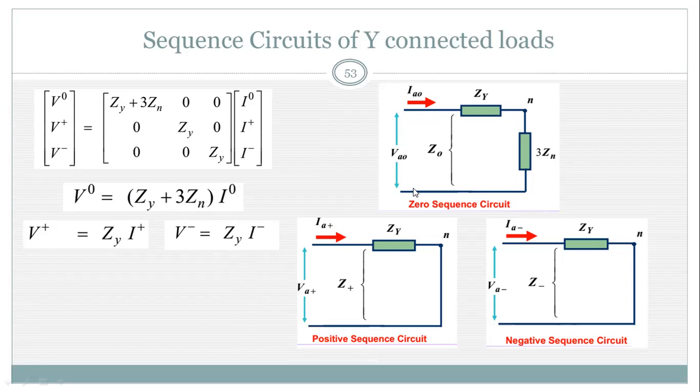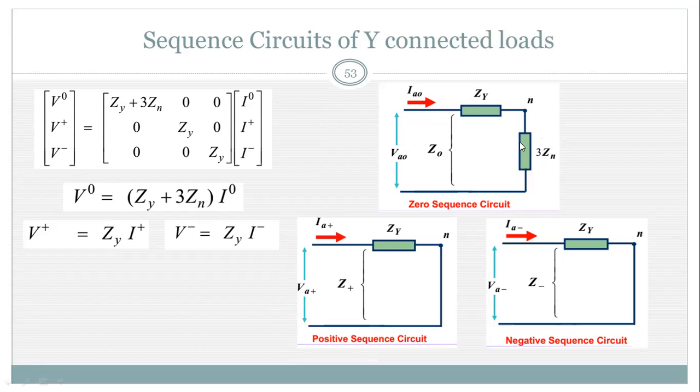So the diagram is: the zero sequence terminal voltage is equal to I naught, or zero sequence current, multiplied by the zero sequence impedance ZY plus 3Zn. This 3Zn is connected in series with ZY, because the neutral impedance should be multiplied by 3 and added to the sequence network.